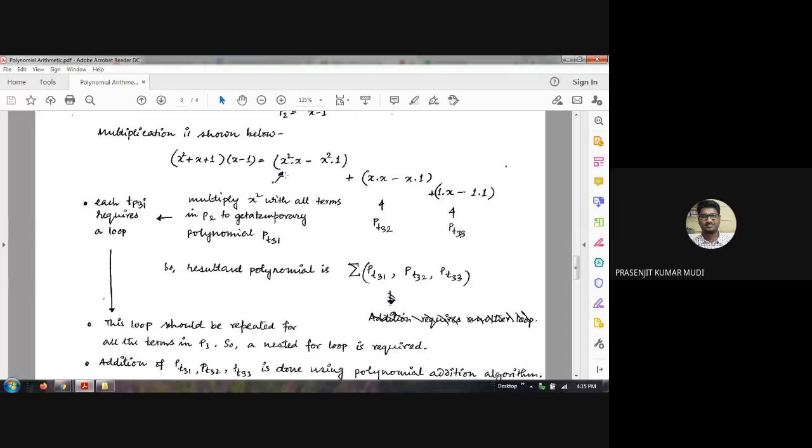Next, similarly, this x term of the first will be multiplied with all the terms of the second. So x into x minus x into 1. Again, it's a temporary polynomial, let's say PT32, the second term of the third polynomial.